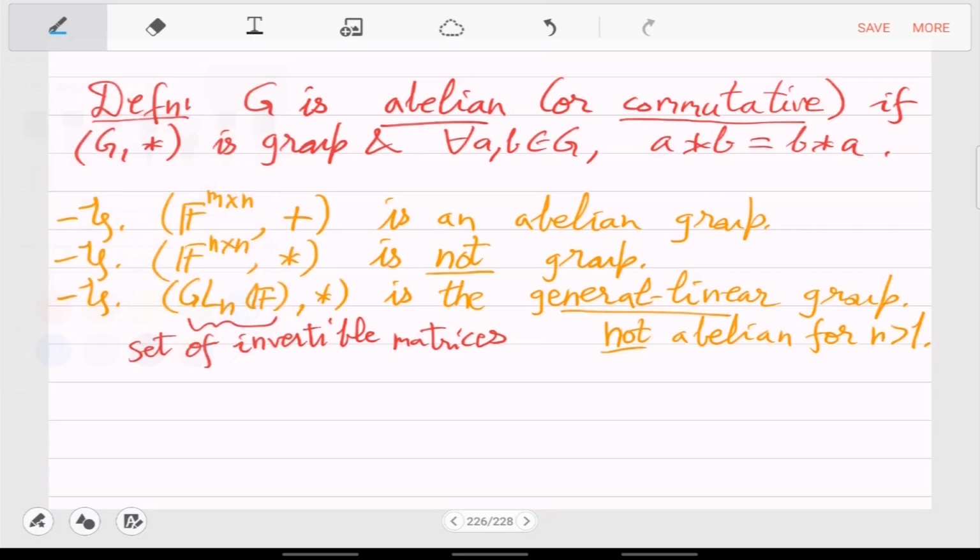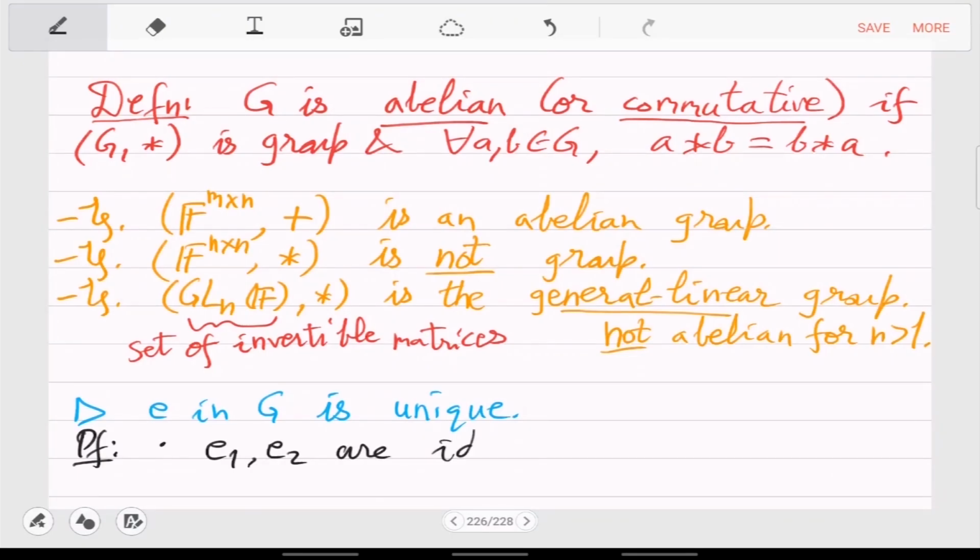One simple property you should prove from the axioms is that the E in a group is unique. Can you prove this, just from the axioms of a group? Suppose E1, E2 are identities in G star.